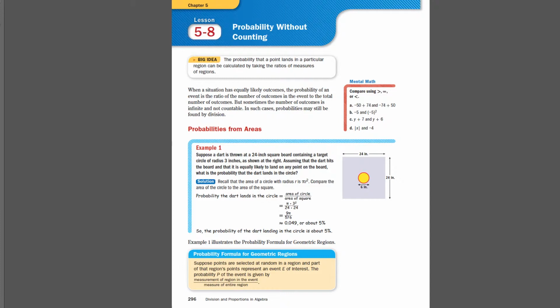And so here we have in the tan box our probability formula: the measurement of the region of the event, that was the circle, divided by the measure of the entire region. It could have landed anywhere within the 24 by 24 square. What's the probability it lands within the circle?